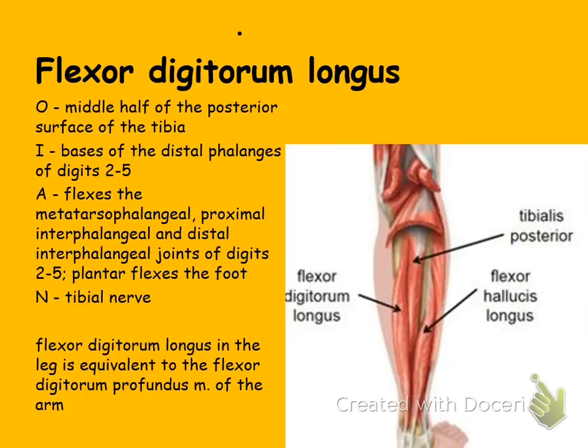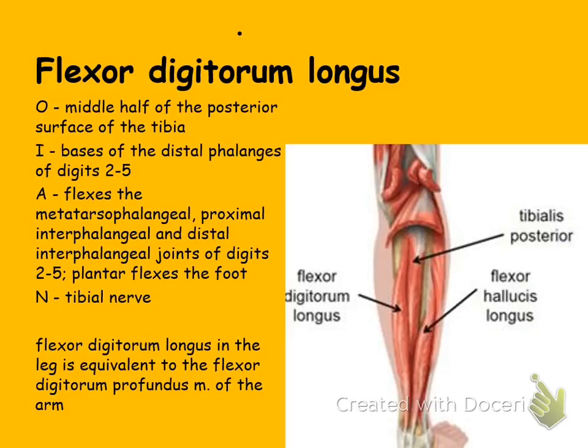Then we have the flexor digitorum longus, just like in the hand. It flexes the toes. You're flexing your toes, you're gripping. Some people can grip. I have a friend of mine that can throw a frisbee with his foot. He can grip with his big toe and throw a frisbee and pinch with it.